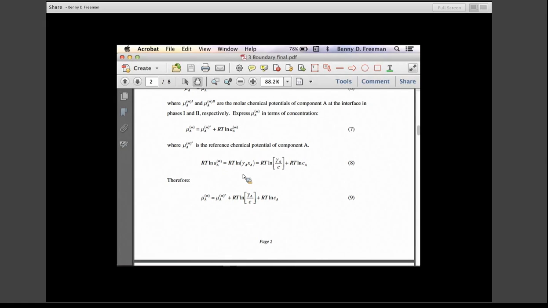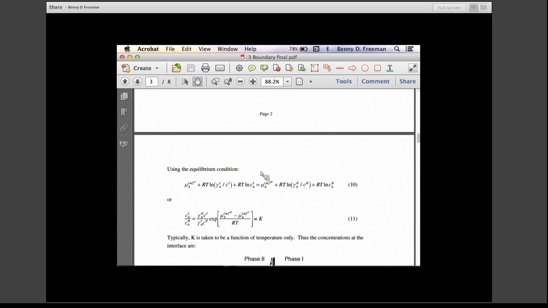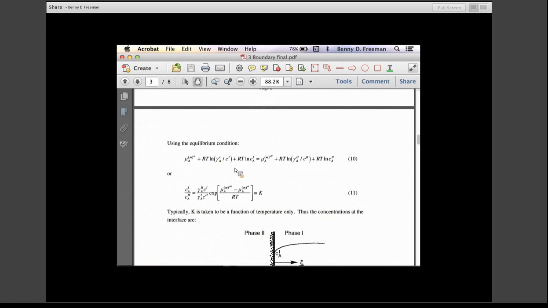Now I can write XA in terms of the concentration of A divided by the total molar concentration, so I can write this equation as shown here, and then write the expression for component A at the interface in this fashion. Now, I equate the chemical potential of component A at the interface on both sides. So I write the same type of expression, but now on both sides of the interface.